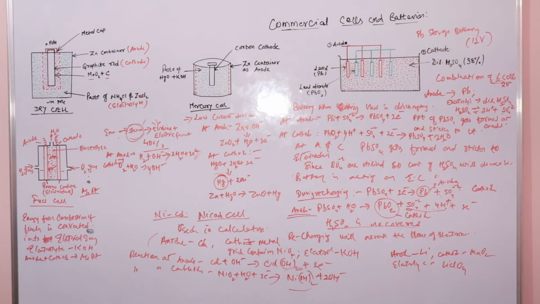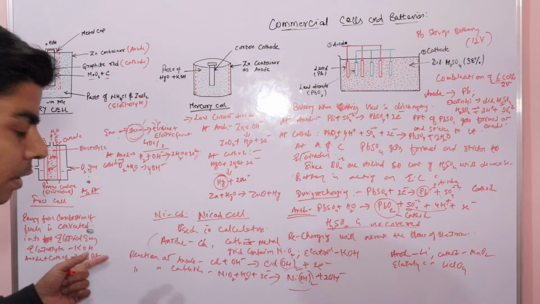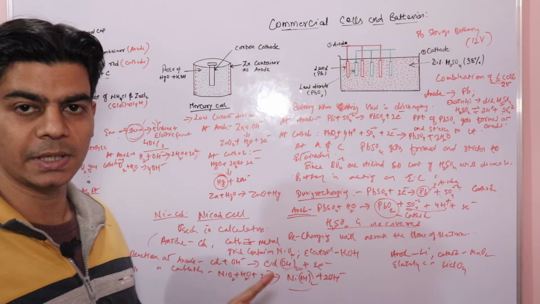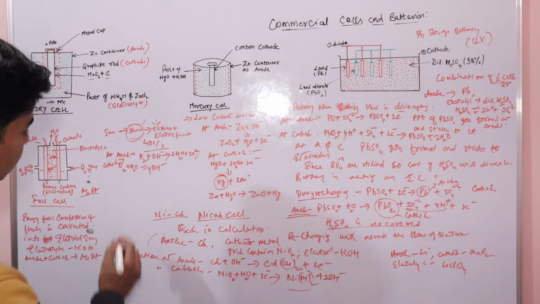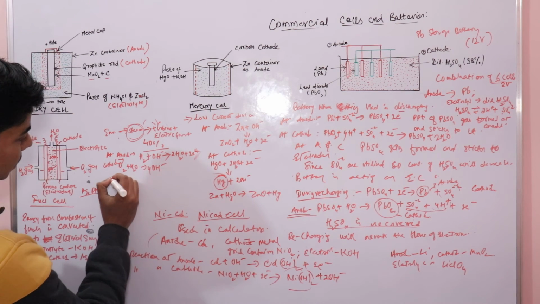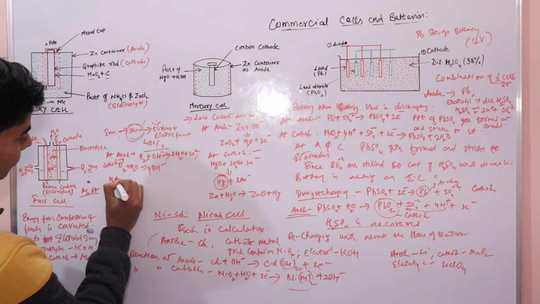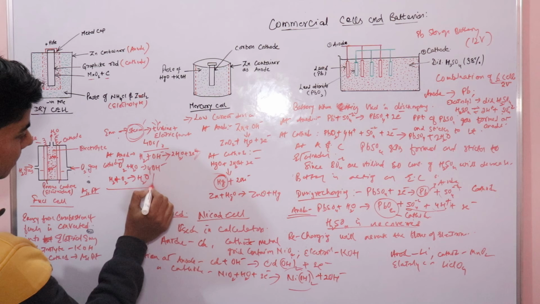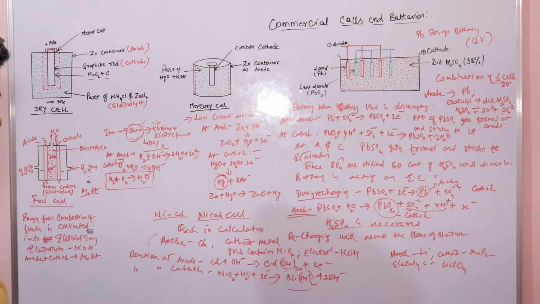This is the reaction at the cathode. And what is the net reaction? As I said in the beginning, in this fuel cell, hydrogen and oxygen react to form water. So the net reaction is hydrogen reacting with oxygen to form water. This is the net reaction in the fuel cell.